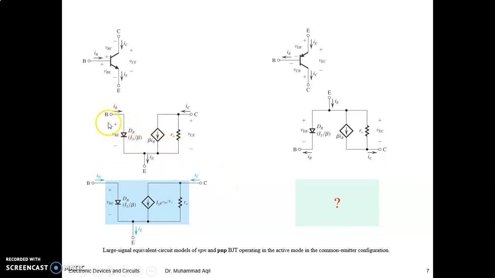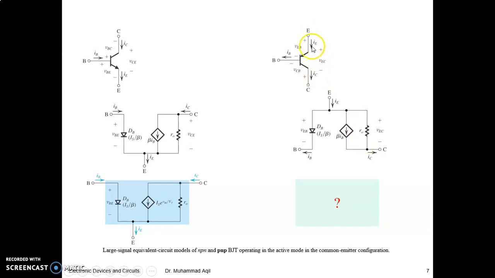But here you can see the base-to-emitter junction diode is forward biased, the collector-base is becoming the current source, and now you have the Early effect consideration, r naught, right? So VCE dependence on IC. This is your large signal model with Early effect for common emitter configuration. This is the collector current, which you can write in the form of beta IB, or in the form of this expression, right?